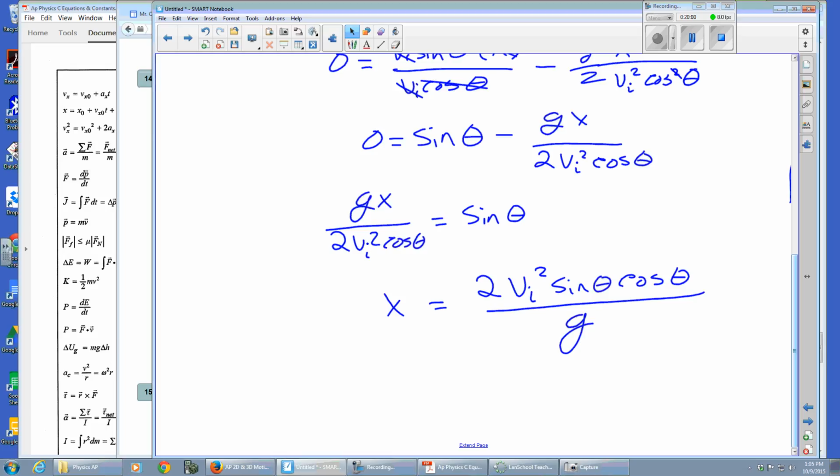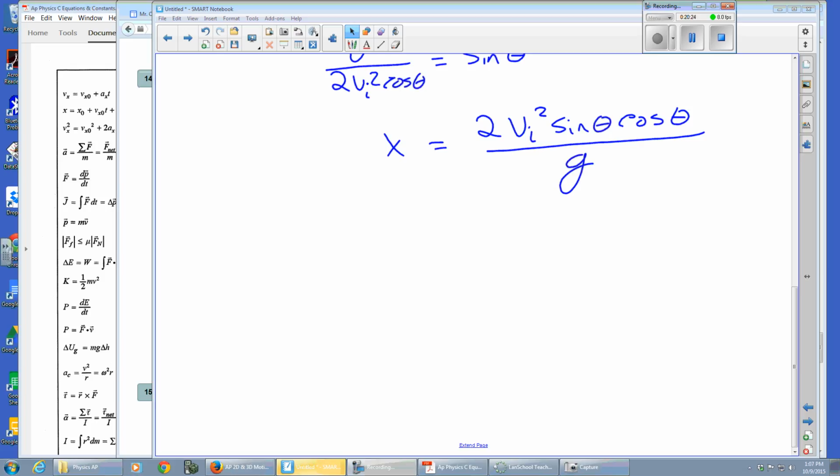And so for a projectile launched at any initial velocity at any angle on any planet, that will be the range. I don't know how you guys are with your trig identities, but 2 sine theta cosine theta is an identity.